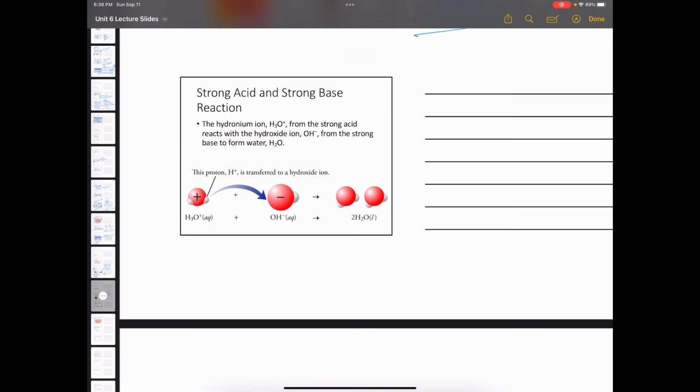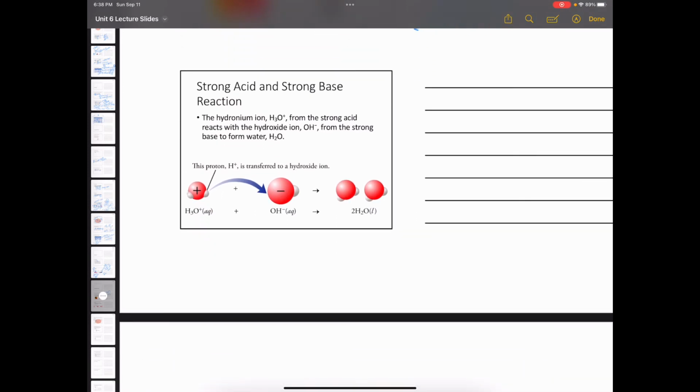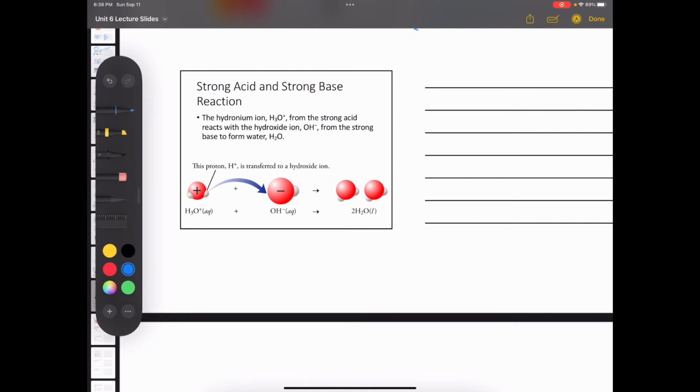When it comes to a strong acid and strong base reaction, as we said here, we have the H3O, which is coming from the acid, and we have the OH, which is coming from the base.